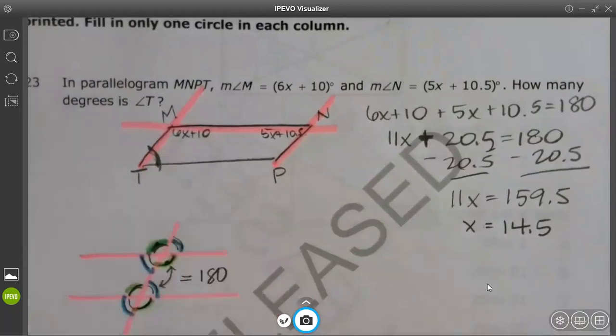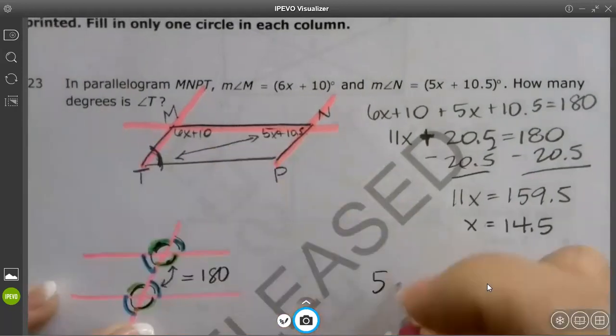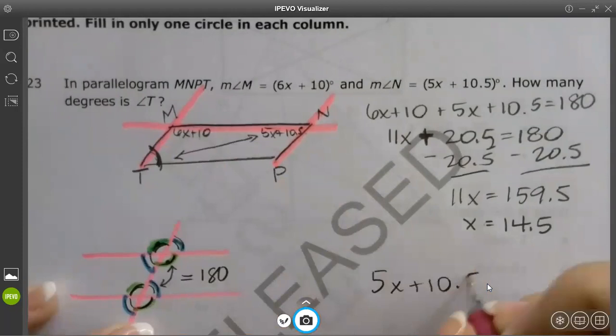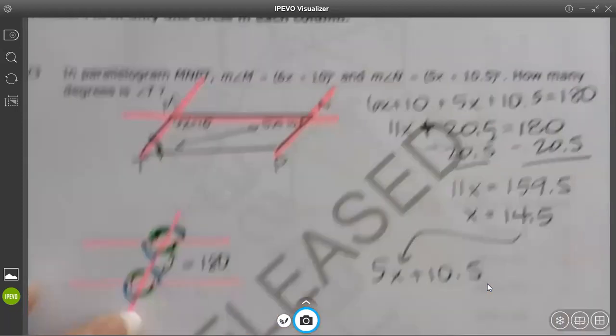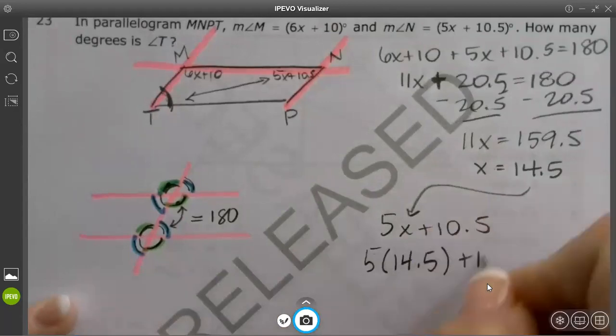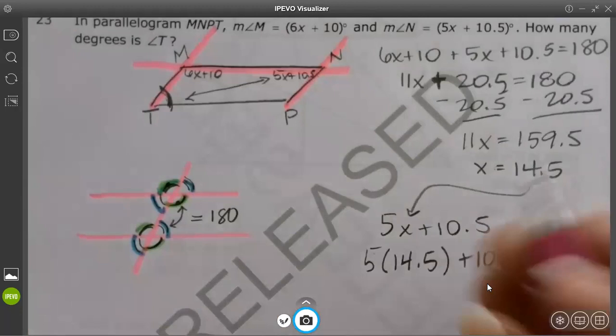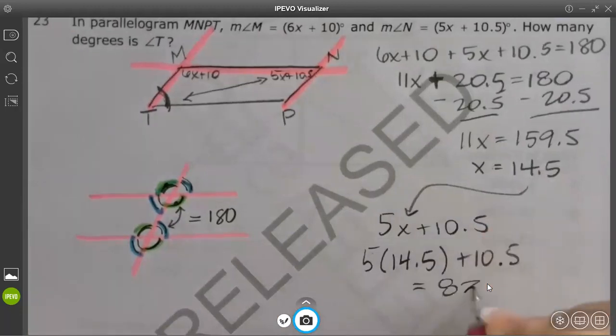Doesn't matter how you solve it, whichever one you remember is perfect. So these two are equal. So we can do 5x plus 10.5, plug in that 14.5. So 5 times 14.5 plus 10.5 is 83.